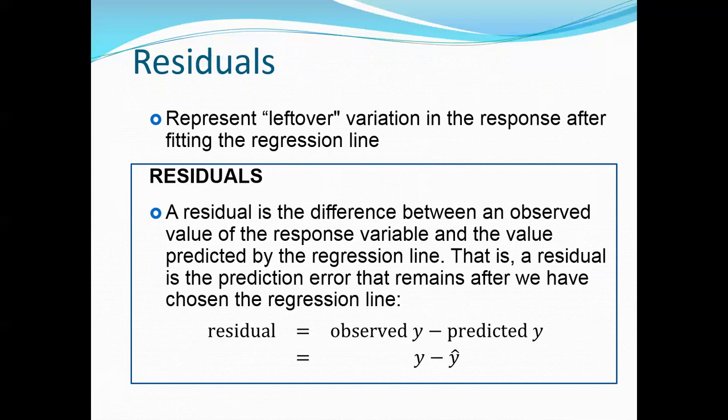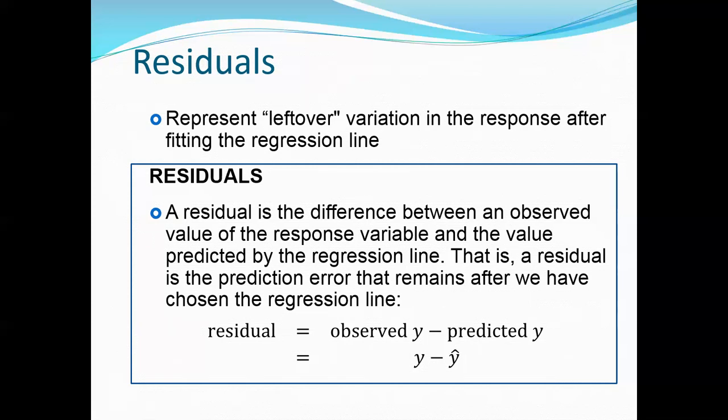Residuals are the difference between the observed value of the response variable and the value predicted by the regression line. That is, a residual is the prediction error that remains after we have chosen the regression line.